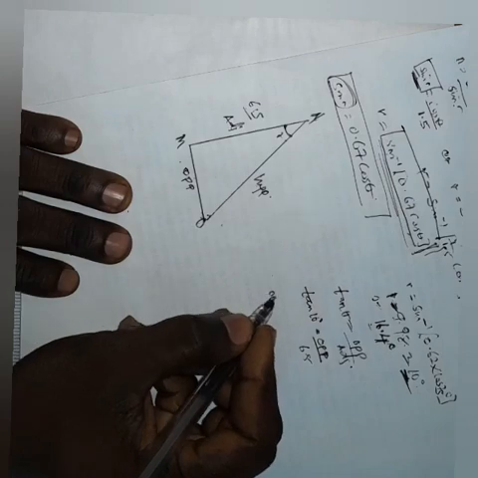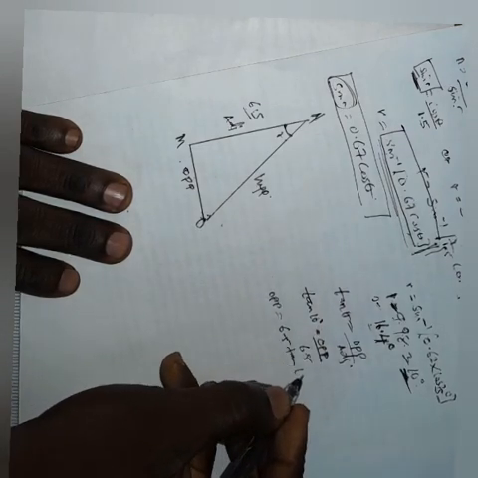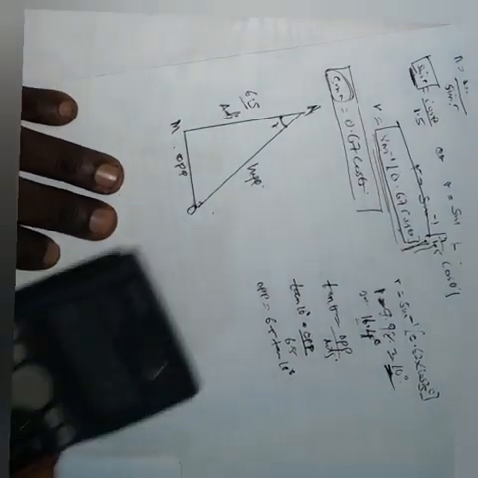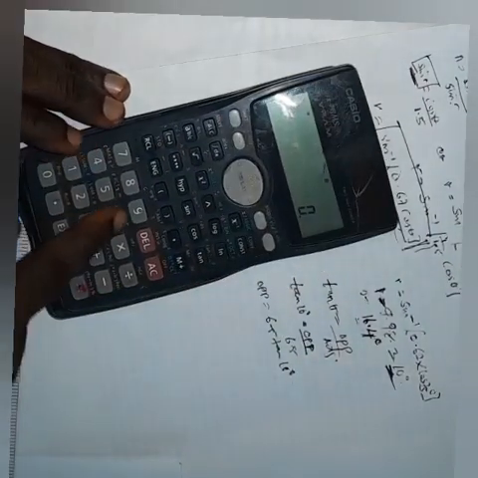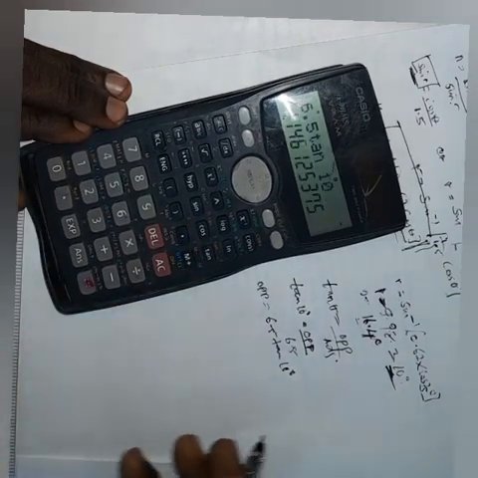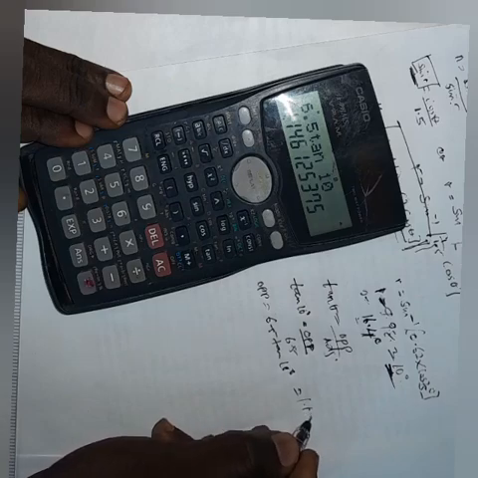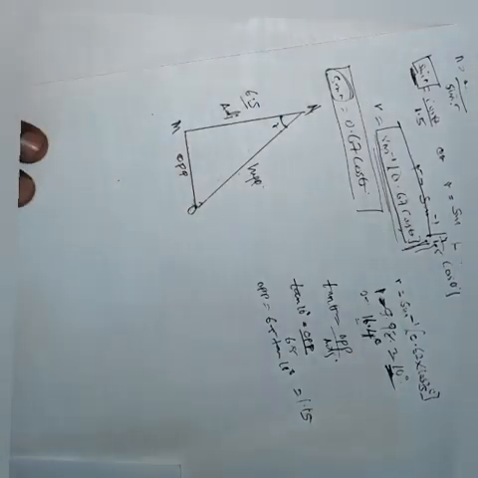From here you can see that opposite is going to be 6.5 tan 10 degrees. That's going to give me approximately 1.15. So what am I going to do?